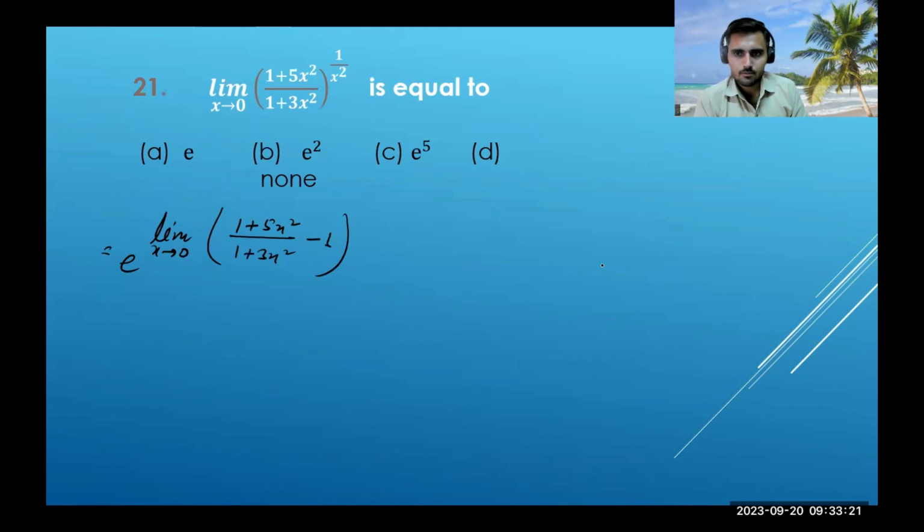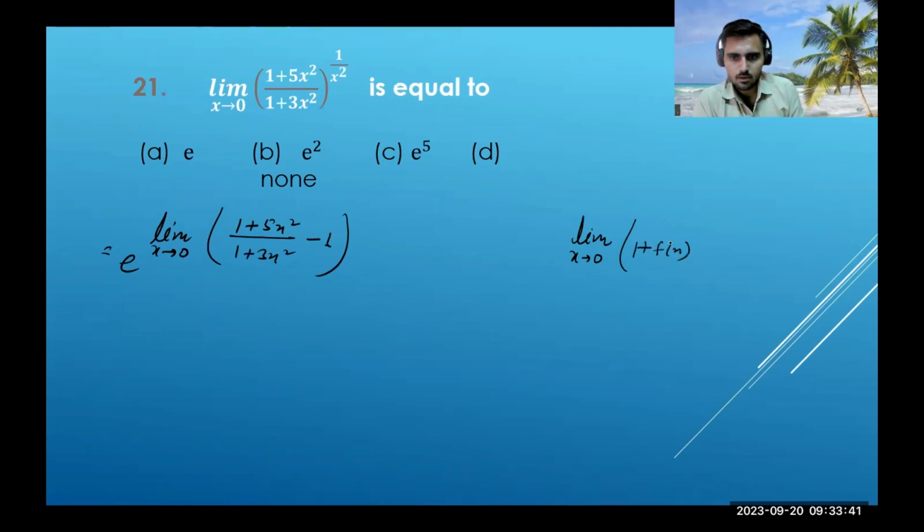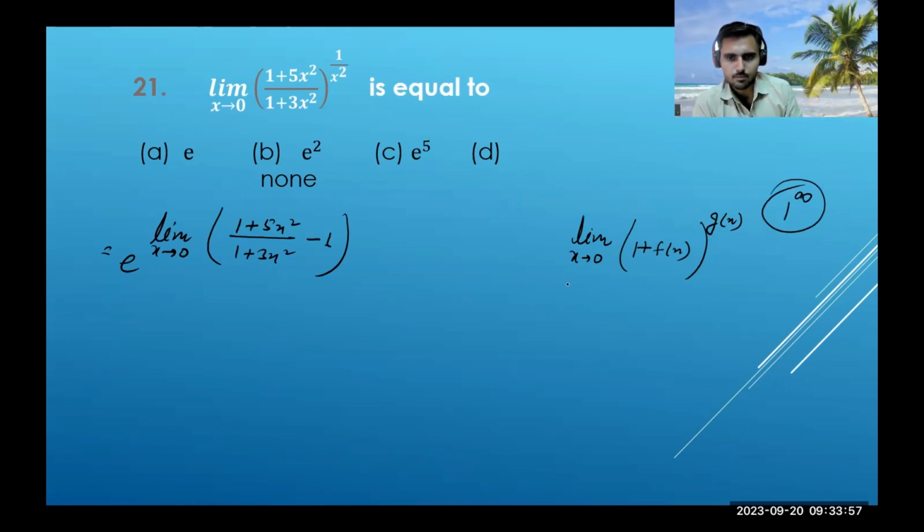If we have a function like limit x tends to 0 or infinity, whatever, f of x raised to g of x, and if it's a form of 1 raised to the power infinity, then we write in this form. Okay. So I'll explain you in detail.